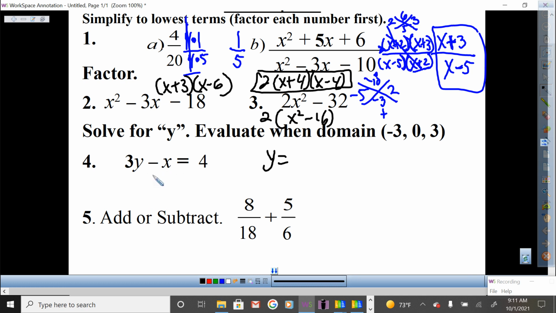Alright, let's see. So we add x. 3y equals x plus 4. Yes? And then divide by 3, divide by 3. So we're left with 1/3 x plus 4/3. Yes?